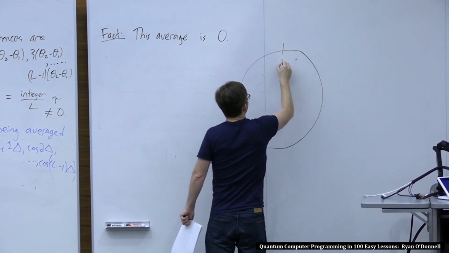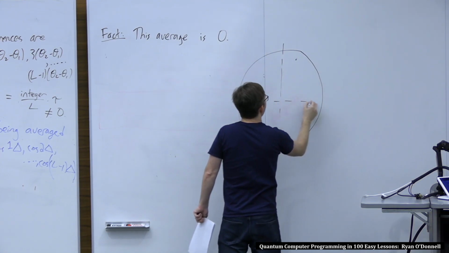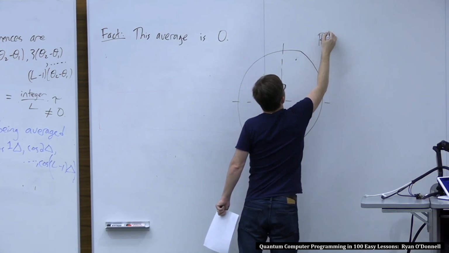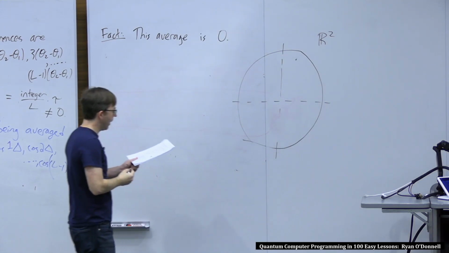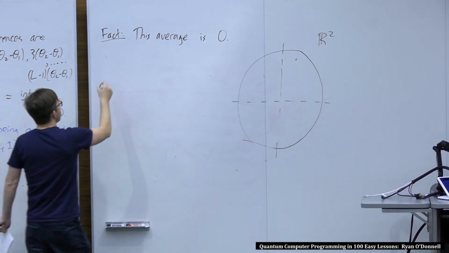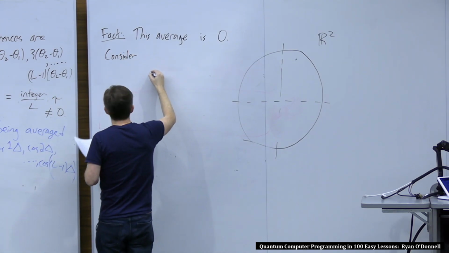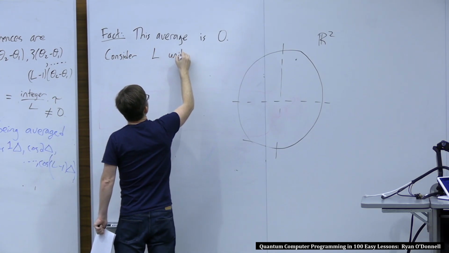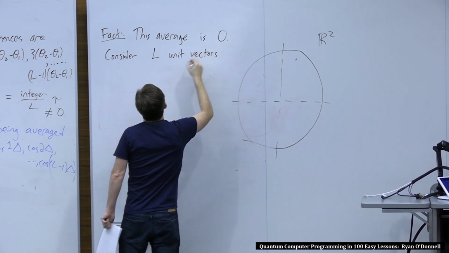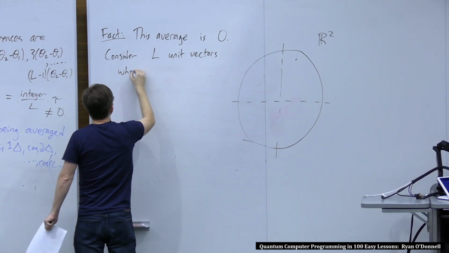Not the greatest circle, but okay. This is the unit circle in 2 dimensions. And just consider the points or the vectors, the L unit vectors whose angles are these delta things.